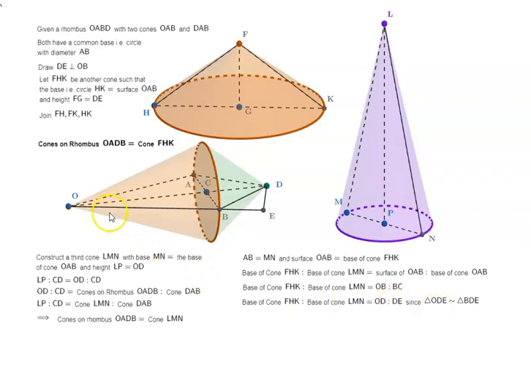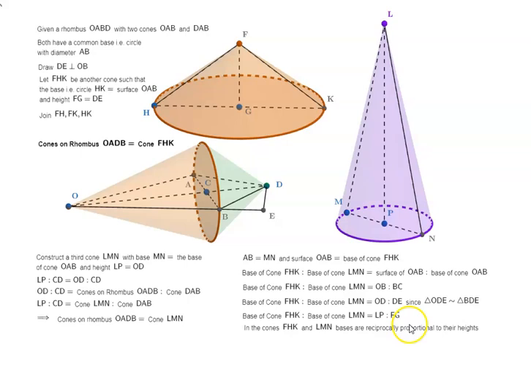Why? Because triangle ODE is similar to triangle BDE. Base of cone FHK is to base of cone element is equal to LP is to FG, since OD is equal to LP and DE is equal to FG.